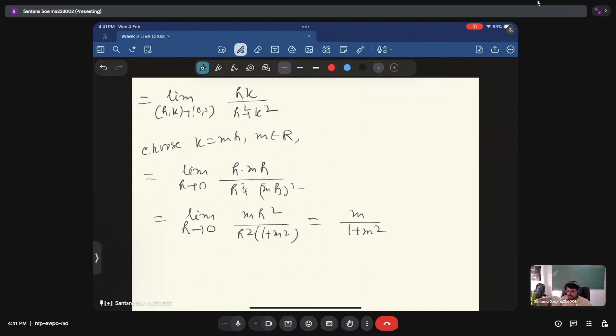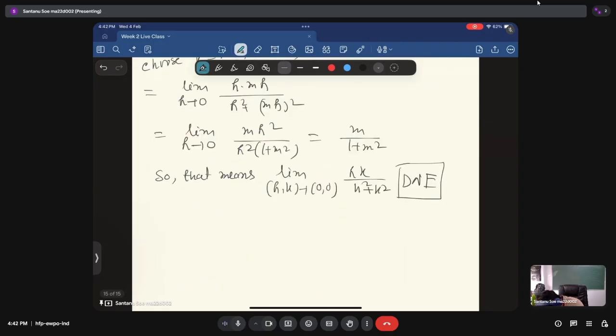Now if we vary the values of m, then we get different limits of this function hk divided by h squared plus k squared. That means the limit of the function at the point (0, 0) does not exist, because if it exists, it should be unique. But here we are getting different values of the limit. So the limit as (h, k) tends to (0, 0) of hk divided by h squared plus k squared does not exist.